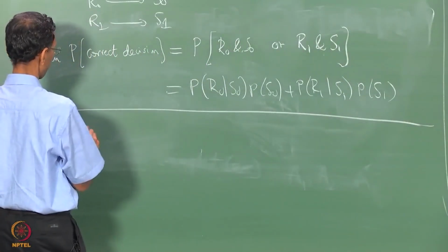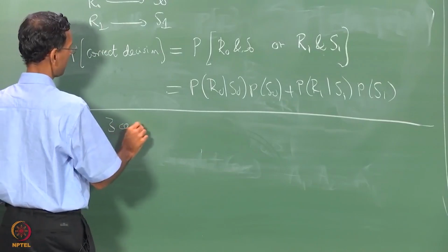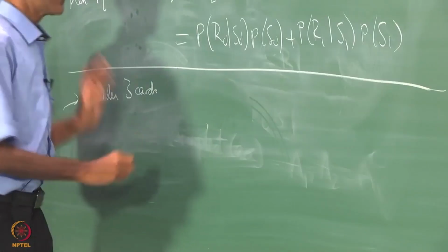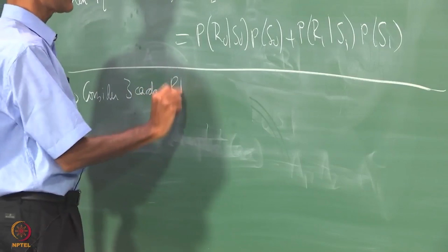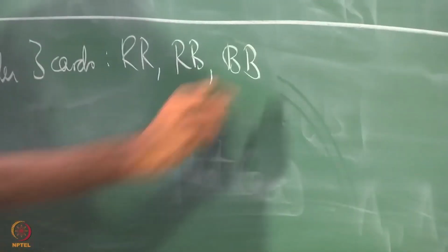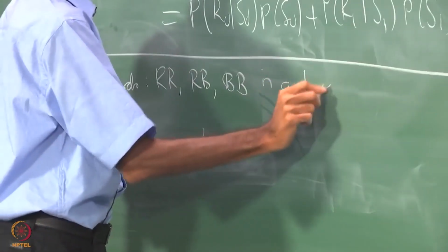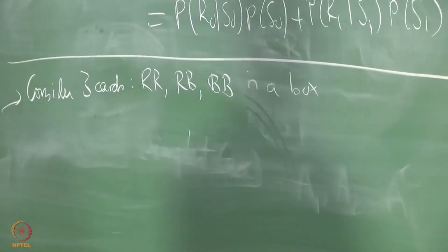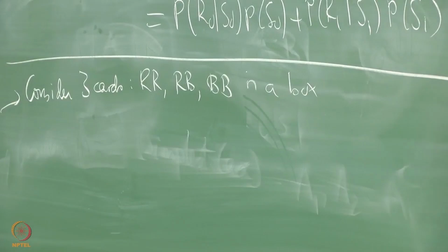Consider 3 cards. I will call them RR, RB, BB in a box. R stands for painted red on both sides, or marked R on both sides.